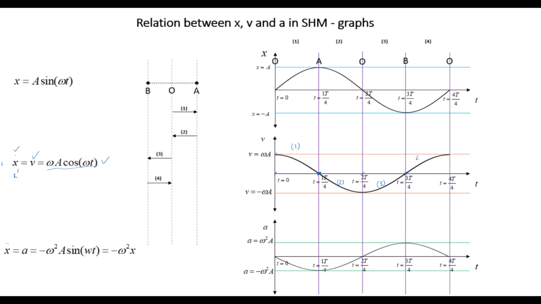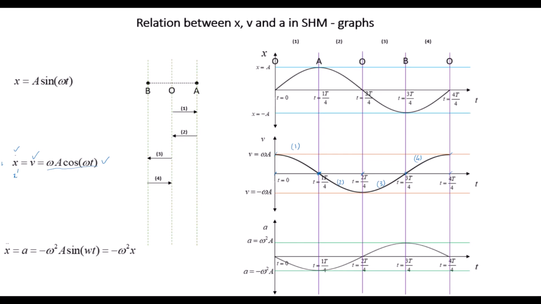And then in step number 4, we see that the velocity of the object when it moves from B to O goes on increasing, and it becomes maximum at point O, and that happens at time t equals T, the time period.